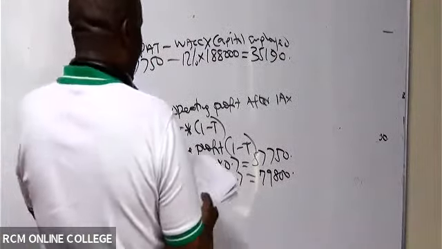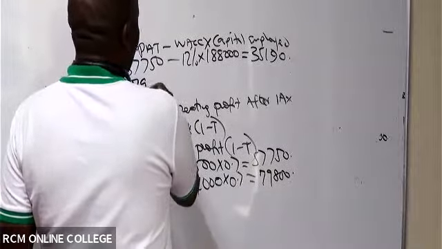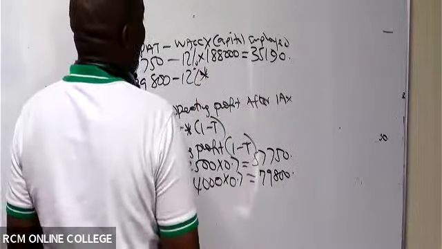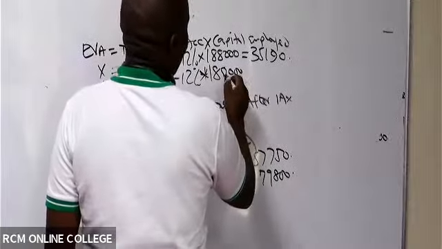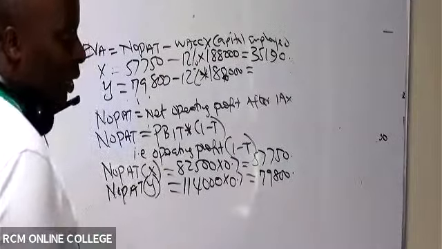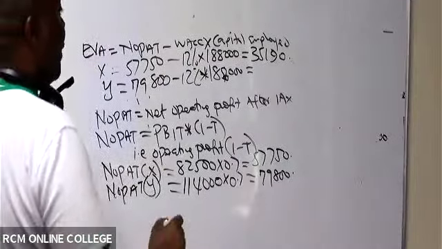Then you go to Y. NOPAT for Y is 79,800 minus 12% of the capital employed, which was 188,000. I'm being given a figure of 57,240.